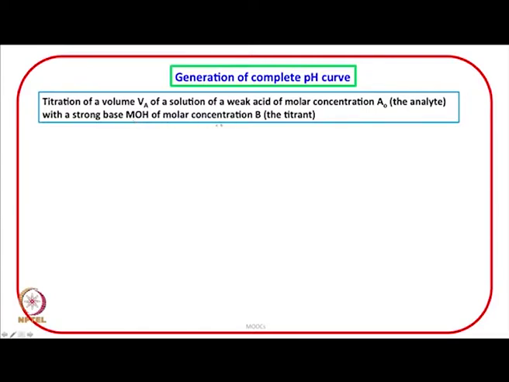The molar concentration of strong base, let us call it as B. This is the titrant. So, what we are talking here is the titration of a volume Va of a solution of weak acid with a strong base. That means you are taking a strong base and to that you are adding Va centimeter cube of a weak acid and then monitoring the changes.